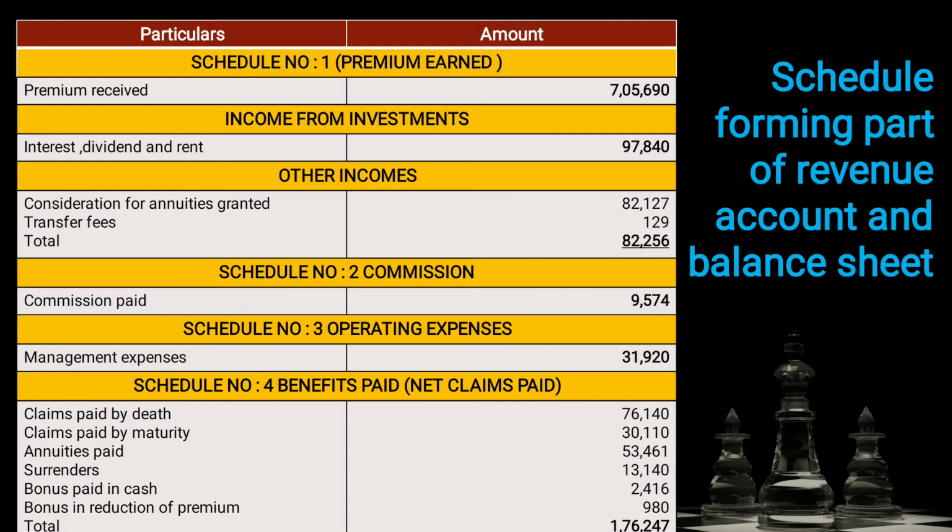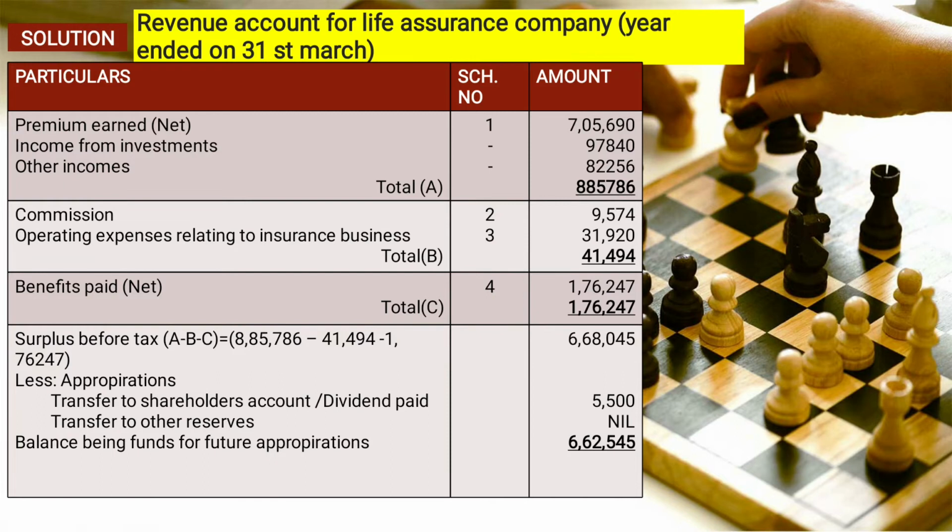That format I'll show you. This is the format I said, after calculating the schedules and all, each schedule total has to be brought to the format. See here, premium earned they have written, income from investment, other income, all the total you are writing as a total A. And the schedule 2 total has to be brought here, the commission is written here, and the third, operating expenses, also written here.